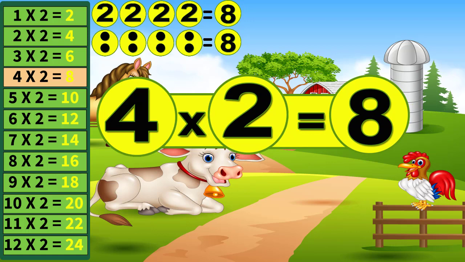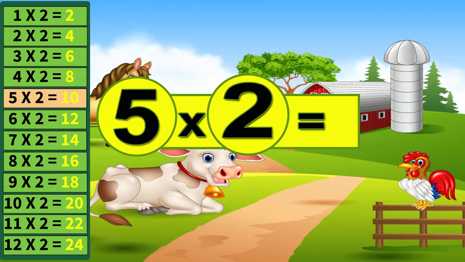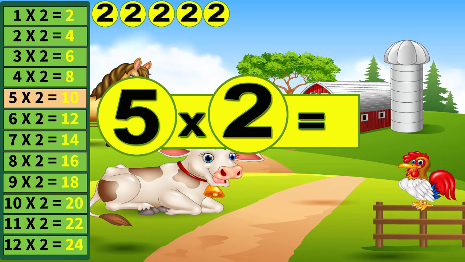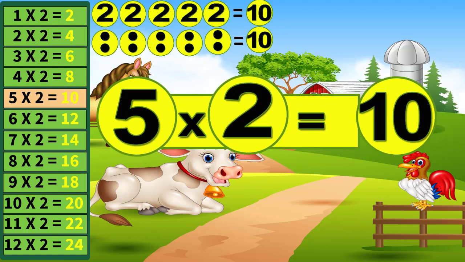You got it! Great! Now we have 5 times 2. Times meaning 5 of. So, 2 and 2 and 2 and 2 and 2 is 10. So, 5 times 2 equals 10.